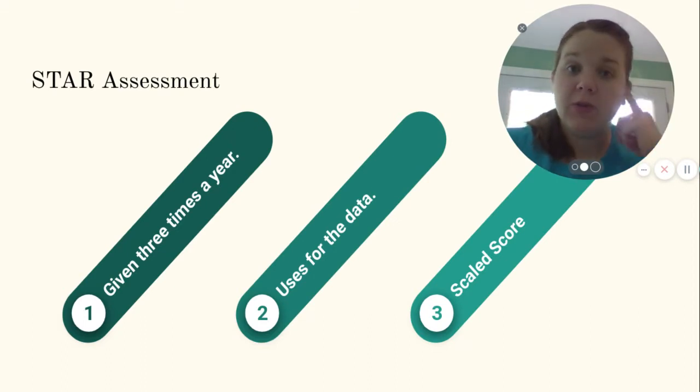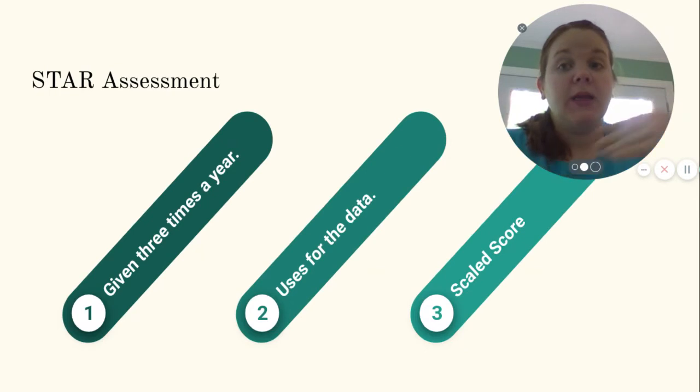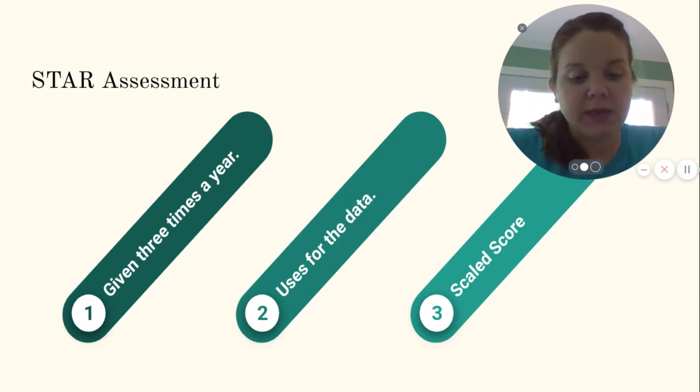So to give you an idea of what skill score actually means, it is useful for comparing student performance over time and across grades. So we could look at their skill score from 5th grade and how it compares to 6th grade. And then when they continue on to 7th grade, they can use that data as well.